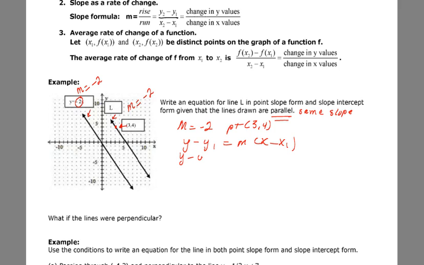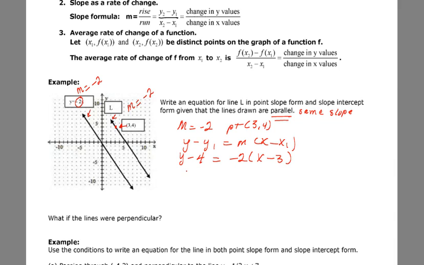Y minus y1 is going to be y minus 4. M will be -2 times x minus x1, which will be x minus 3. We have a point, we have a slope, we use the point-slope form: y minus 4 equals -2 times x minus 3.